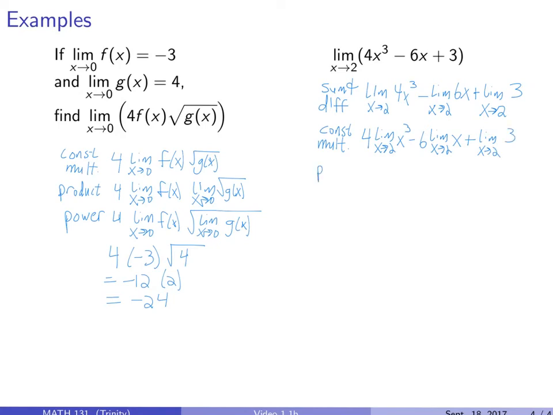Lastly, I'm going to use the power rule on x cubed. So we'll end up with 4 times the limit as x approaches 2 of x, and then take that limit to the third power. The rest of this will stay the same, so let me just write it down again.